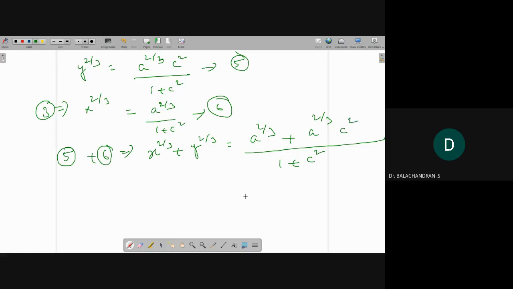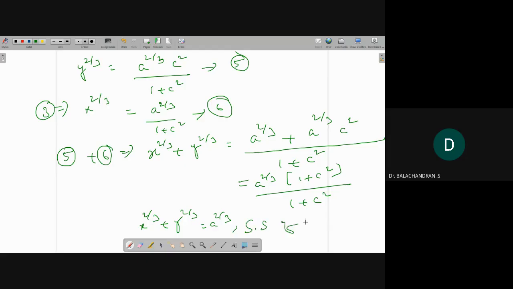So a power 2 by 3 is common, so 1 plus c square divided by 1 plus c square. So the final answer: x power 2 by 3 plus y power 2 by 3 equal to a power 2 by 3. So this is the singular solution of the given problem.